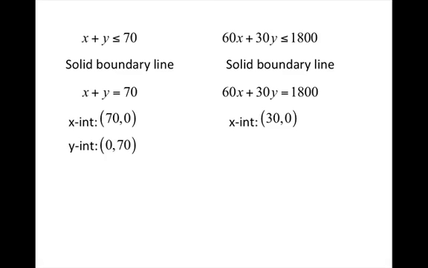So the x-intercept is the point 30, 0. Then for the y-intercept, let x be 0. If x is 0, you have 30y equals 1800. Then if you divide each side by 30, you get y equals 60. So the y-intercept is the point 0, 60.